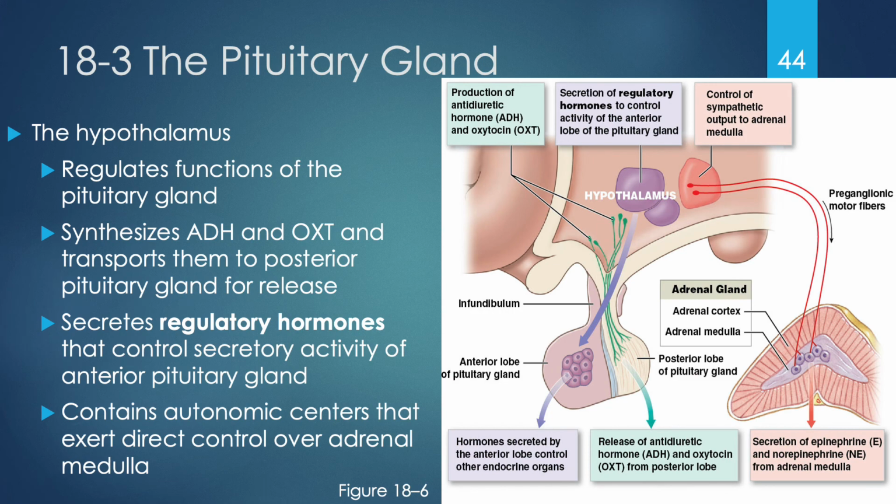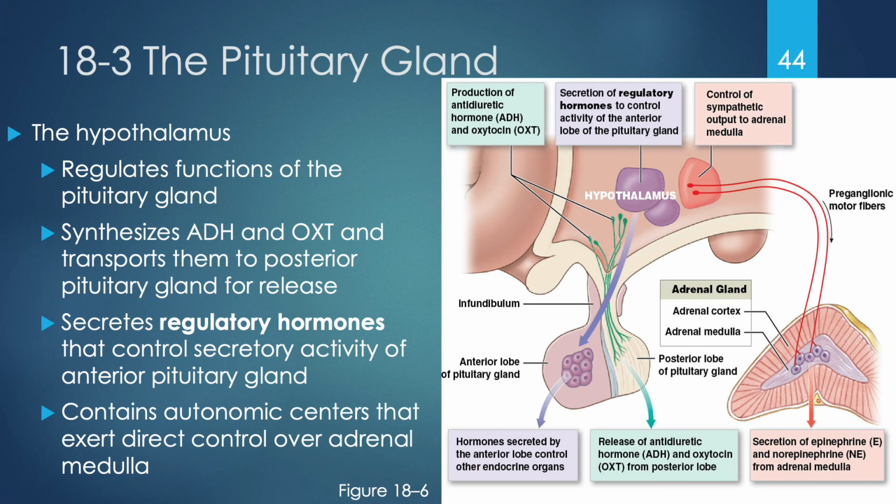The hypothalamus has an important role to play in regulating the pituitary gland. Even though the pituitary gland is our master gland, the hypothalamus is the brains of the operation, literally in our brains. It regulates the function of the pituitary gland and synthesizes antidiuretic hormone and oxytocin, and then sends them to the posterior pituitary gland so they can be released into the circulation there.